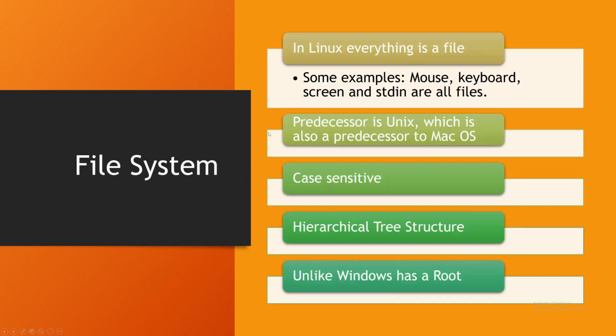Now on to file systems. Linux file systems come from Unix, which is a predecessor to both Mac and Linux, and so basically every Linux distribution. The file system is case sensitive, and something interesting, like I mentioned previously, is that everything's a file, including the keyboard, stdin, and your printer.